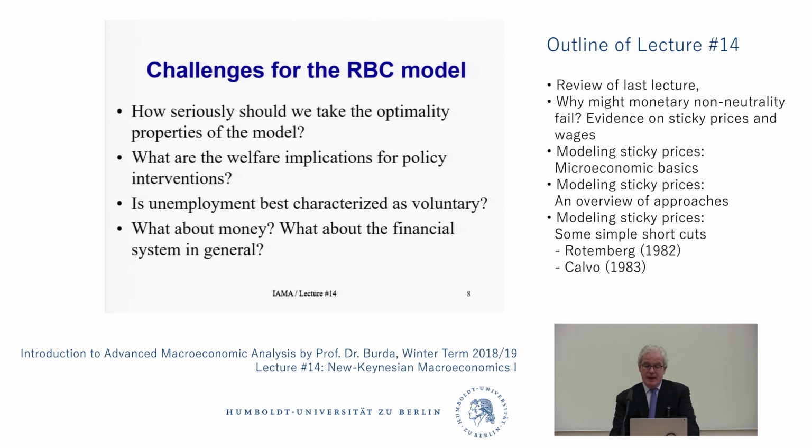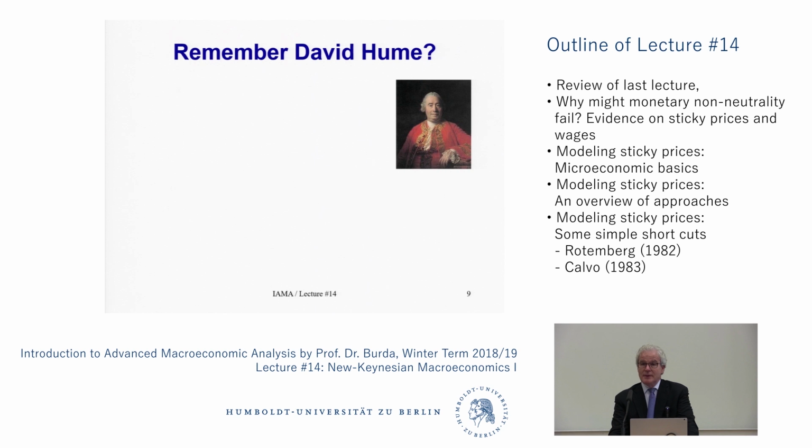money. And again, remember David Hume? He's coming back. David Hume, I introduced him last year. He was the guy who told us about money being a wheel, the grease that lubricates the wheels of commerce. It's not an objective per se.